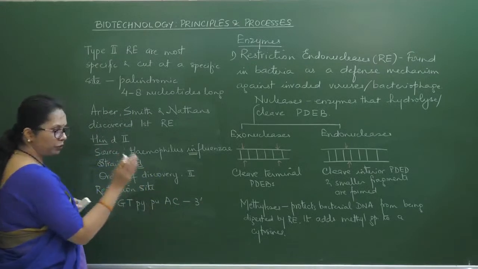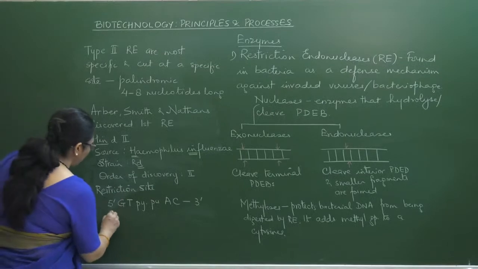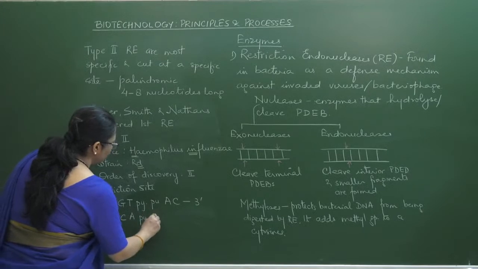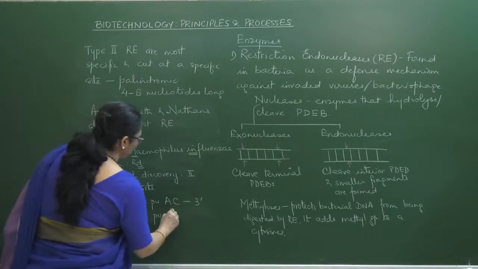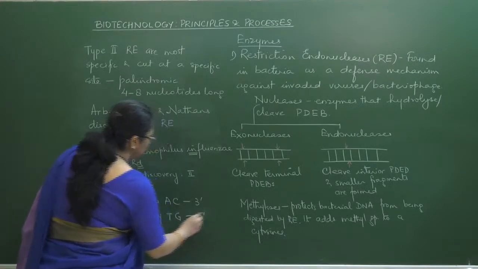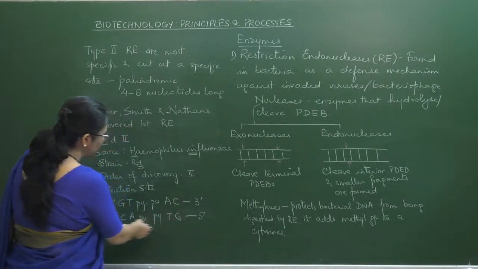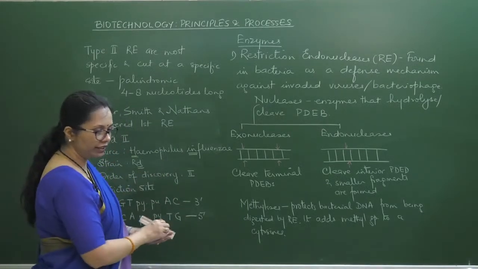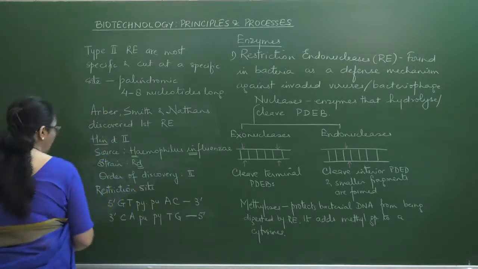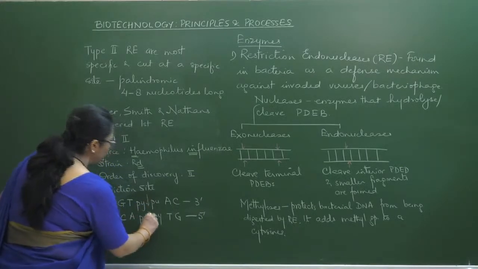Now Py is pyrimidine, it could be any pyrimidine, and here purine, it could be any purine, and here it will be accordingly CA, and TG. So you can see it is palindromic: if you read from here, in the other strand it is the same sequence, but read from the opposite side. Okay, now where does it cut? It cuts between the purine and the pyrimidine.